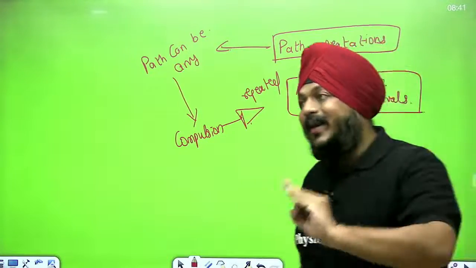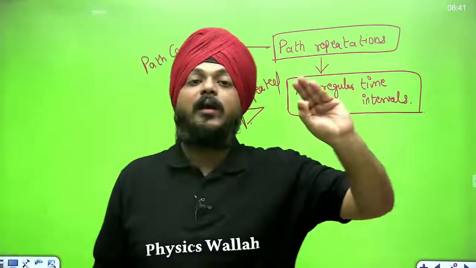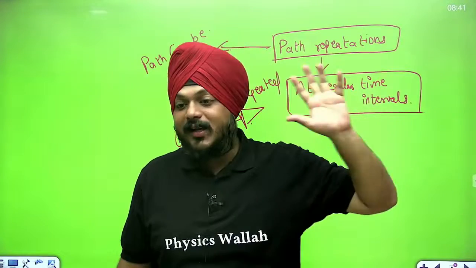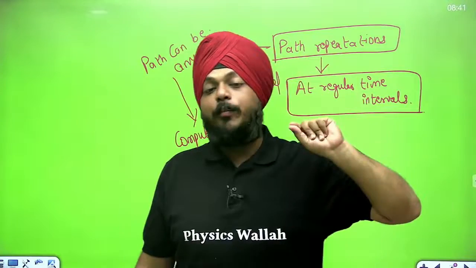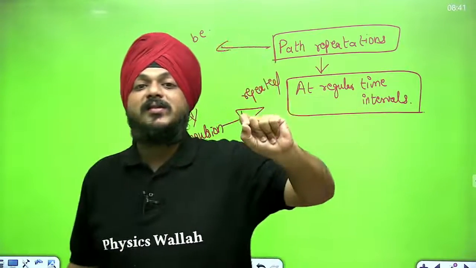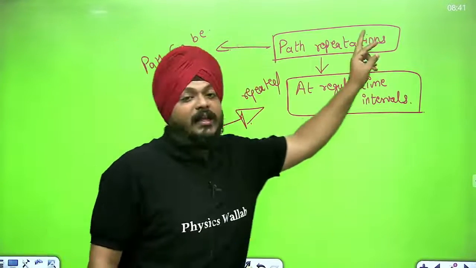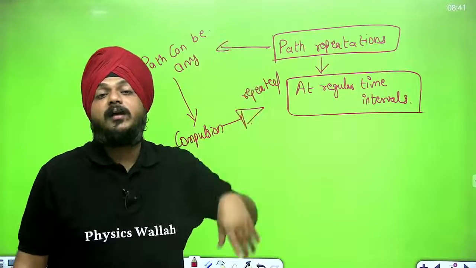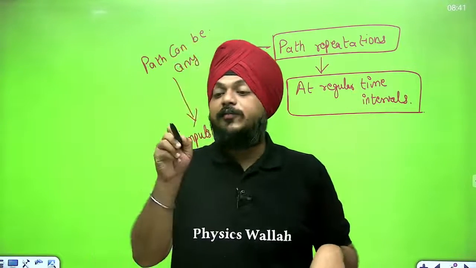We are not interested whether it is a curvilinear path, or whether the particle is moving on a straight line. For periodic motion, we are only interested in the fact that path repetition should be there at regular time intervals. Suppose this is a cubicle room and you want to start from this point.